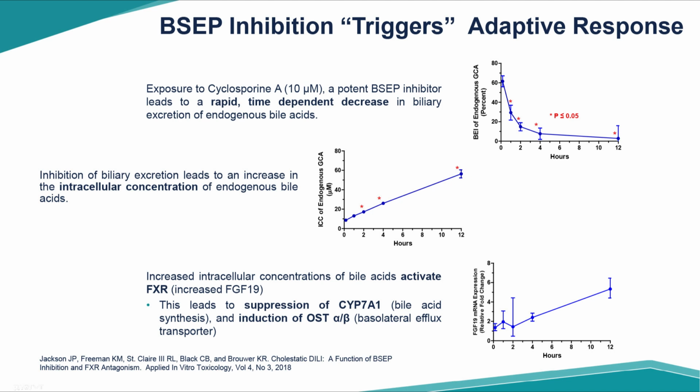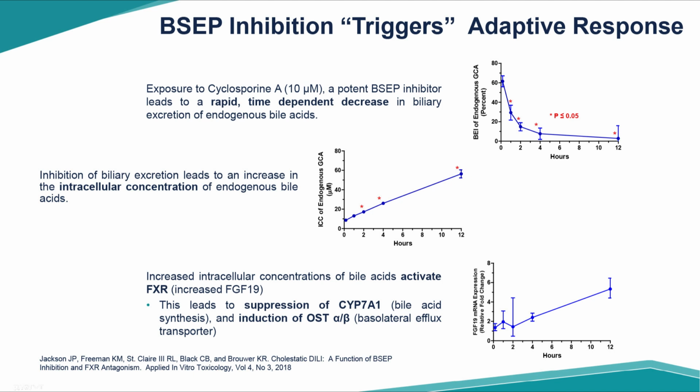When we look at the biliary excretion index of endogenously synthesized glycocholic acid, which I picked because it's the most abundant bile acid in humans, we see that the biliary excretion of GCA decreases very rapidly, and that's because you're inhibiting BSEP, so it can't get out.